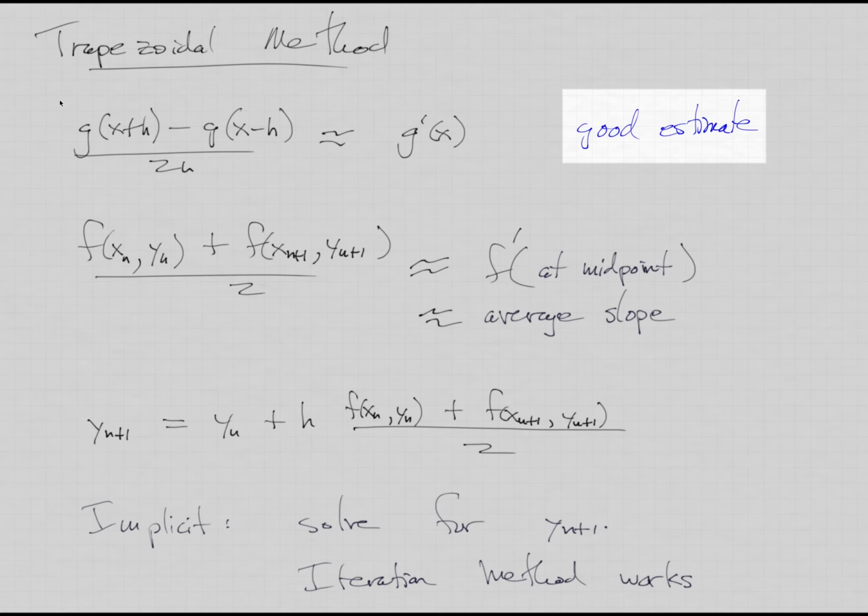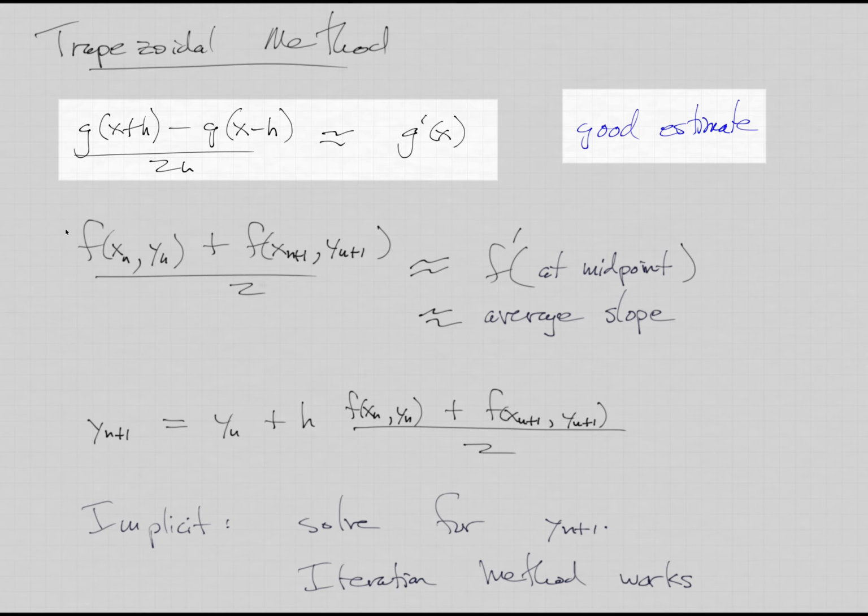Remember, what we finally learned in estimating derivatives is that the best estimate to use, if you want to estimate a derivative g prime, is to take g of x plus h minus g of x minus h divided by 2h. So in other words, you take a point on the right and a point on the left, and you take the slope between those two, and that gives you the best estimate for the slope at the midpoint x. Right? So then there's a natural way to apply that here.